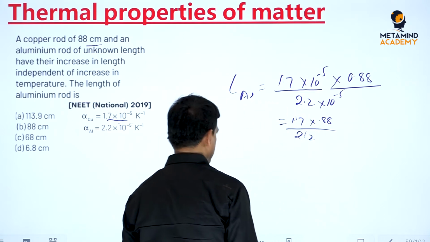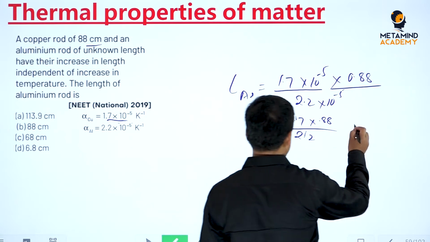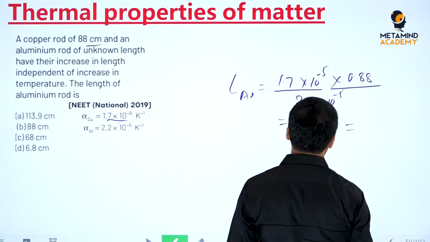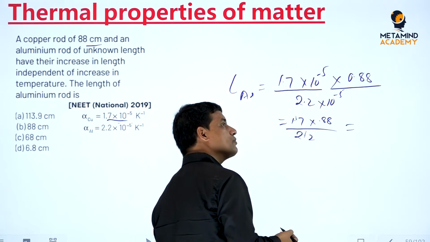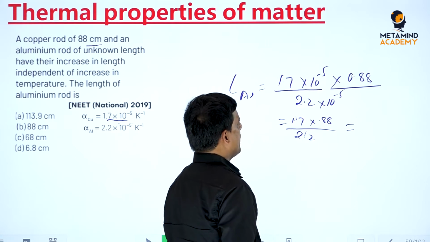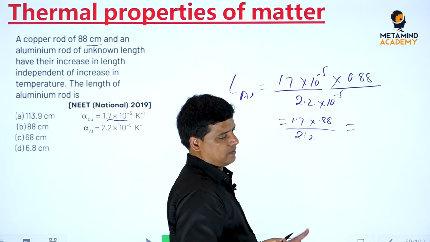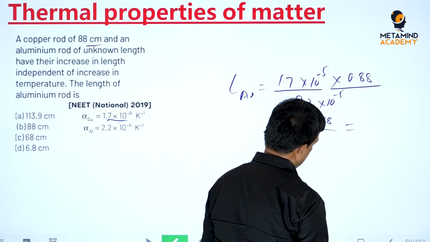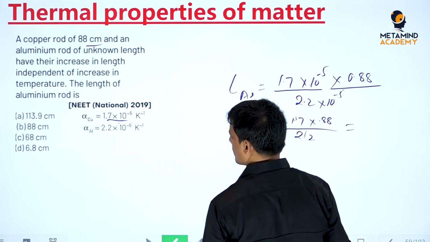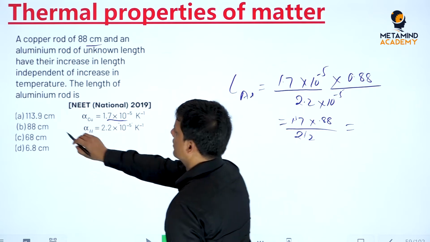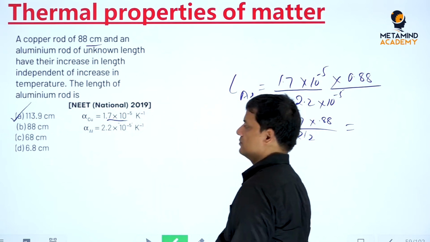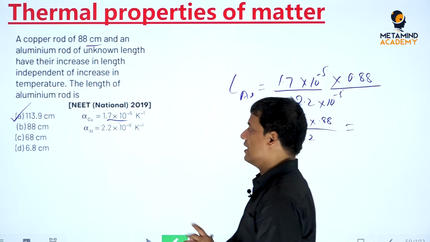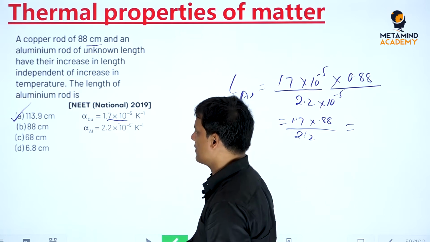It's 17 by 22. If you say 18 by 22, how much is it? 9 by 11, 0.8 something. So 0.8 into 0.88, it is somewhere around 113.9.